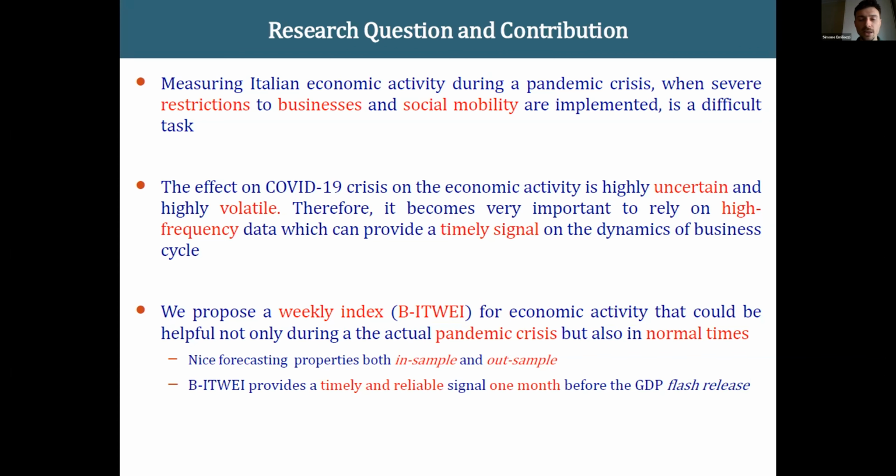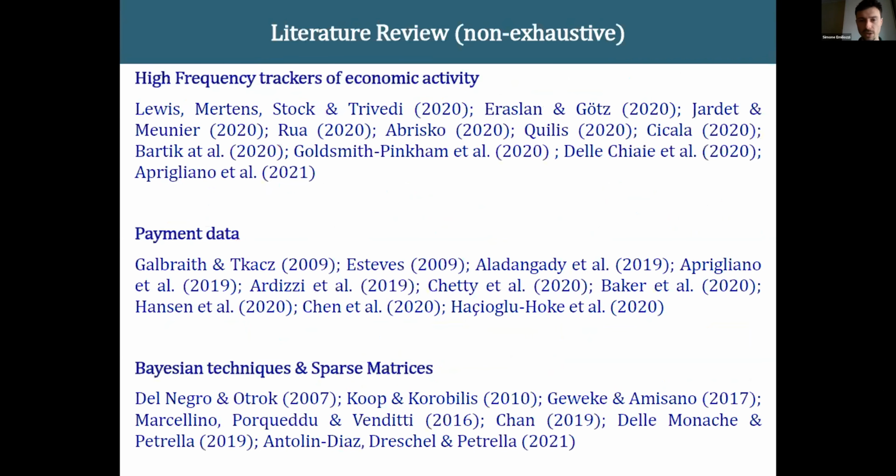We want to track economic activity as they do, but we also want to push the idea that this index is not only good to track economic activity, but also for nowcasting. In fact, I'll show you in the next slides that it has good in-sample and out-of-sample performance, and that it can give a timely, reliable signal 1 month before the release of the Italian GDP flash. All in all, while they look at the US, we look at Italy.